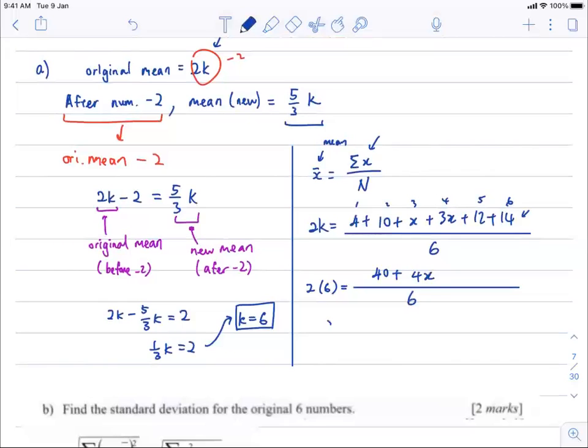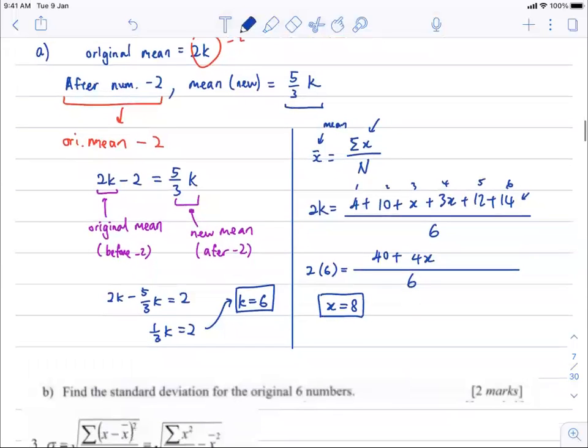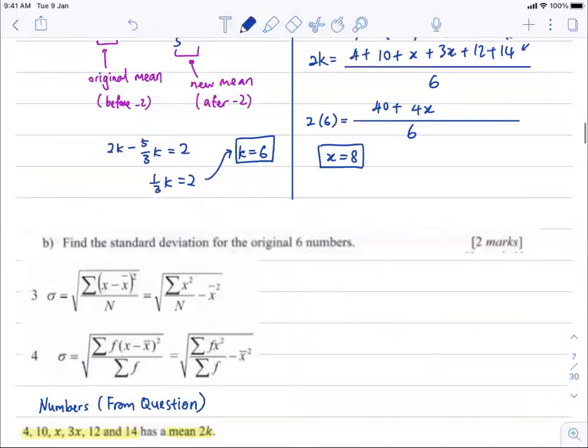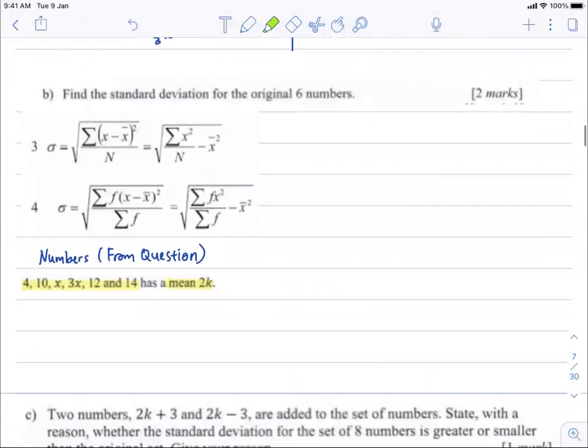We'll get x equal to 8. So we have answered part A, the value of x. Now we can move on to part B. Part B asks us to find the standard deviation of the original 6 numbers.